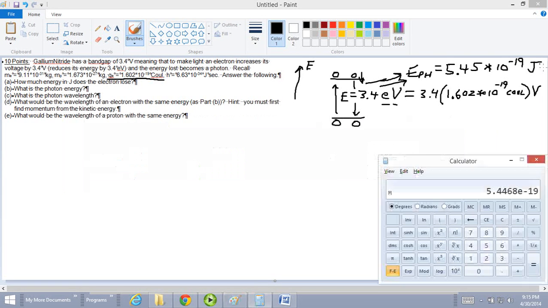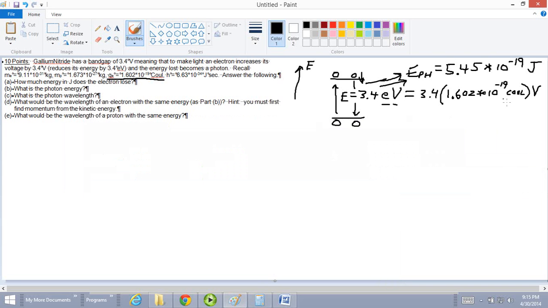A coulomb volt is a joule. Okay, so how much energy does the electron lose? It loses this much. What is the photon energy? Photon energy is also this much. Whatever the electron loses, the photon gains. So this answers A and B.